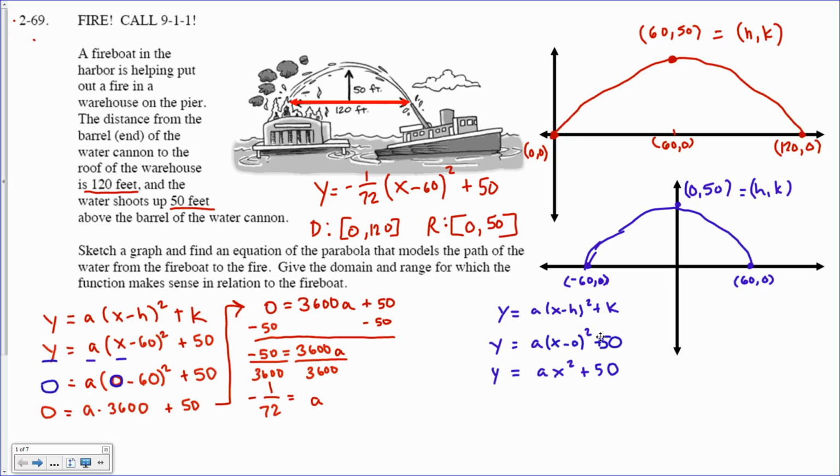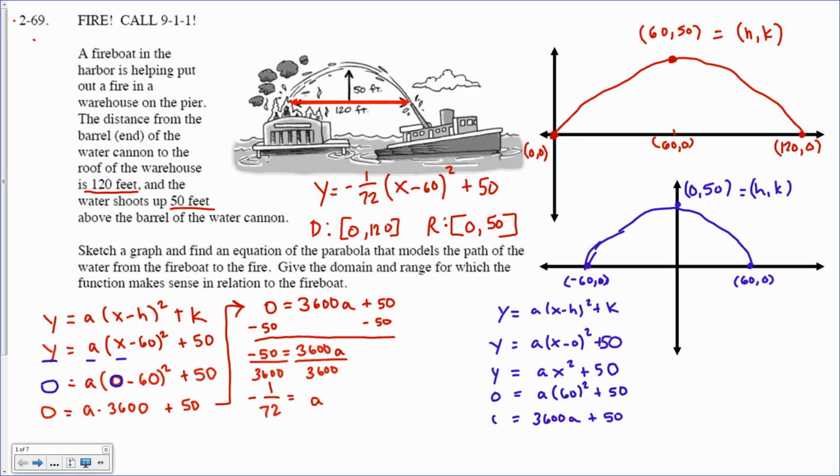So now we're going to have to plug in a point into our equation to solve it. Let's plug in 60, 0. So let's put in 0 for y. We have a times 60 squared plus 50. 60 squared is going to be 3,600 again, times a.